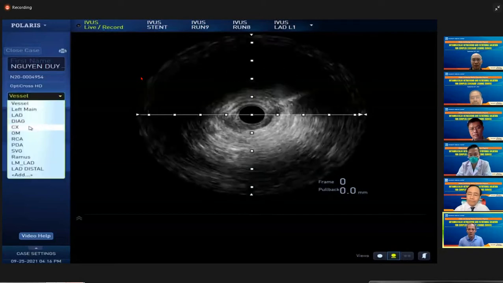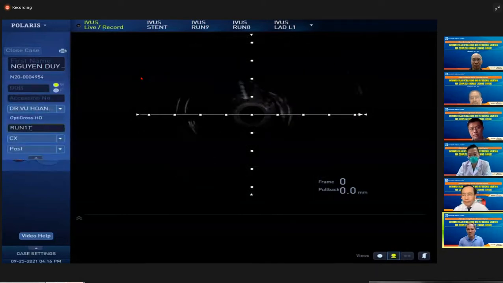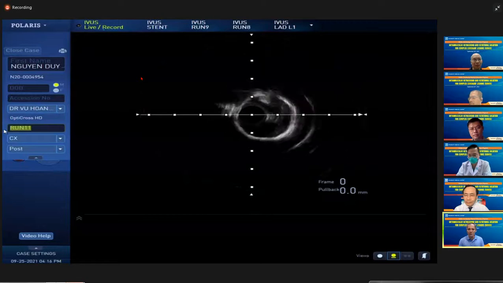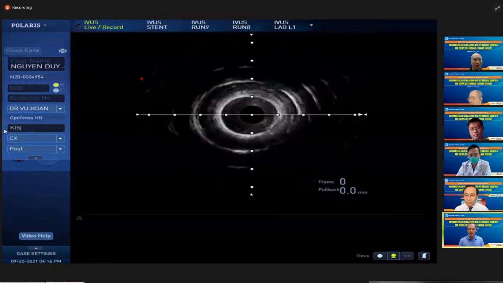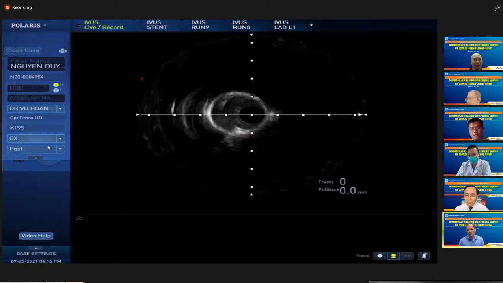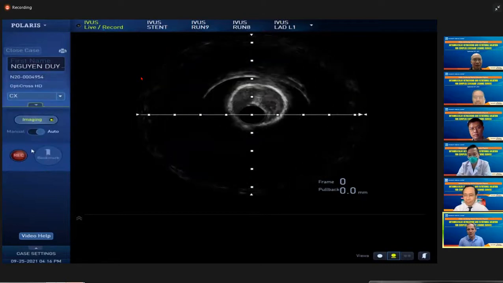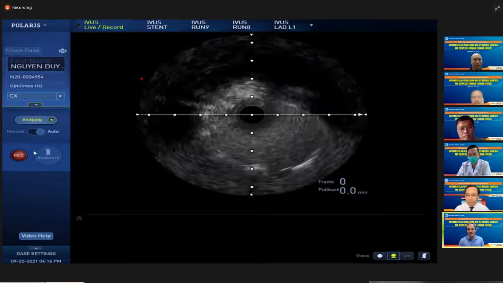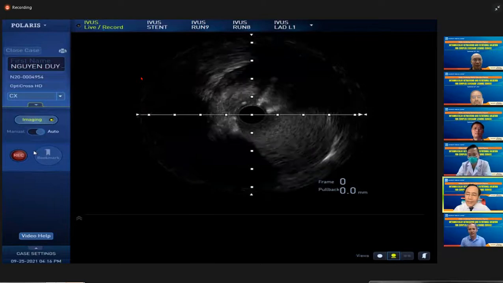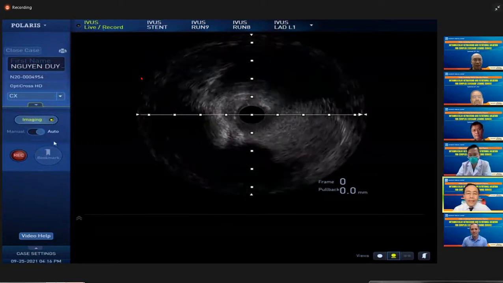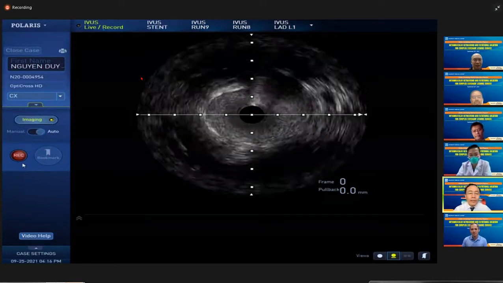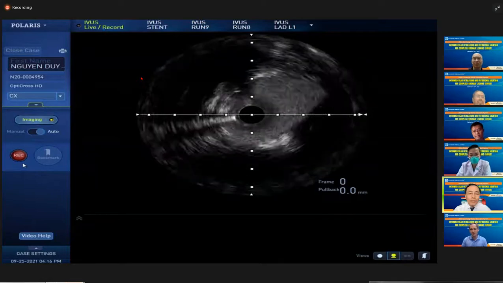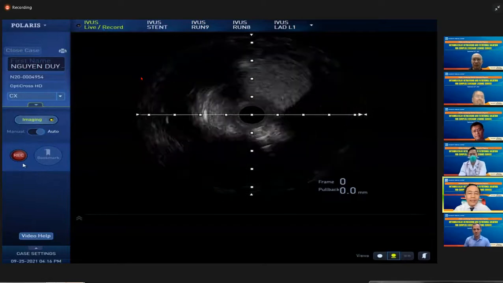Because if I think of the stent in the left main LAD, maybe we can choose the bigger stent, the 3.5 stent. Thank you. And Dr. Wu, do you have a final result already or not?